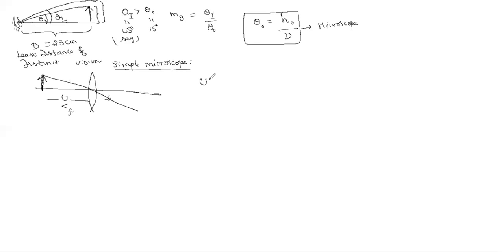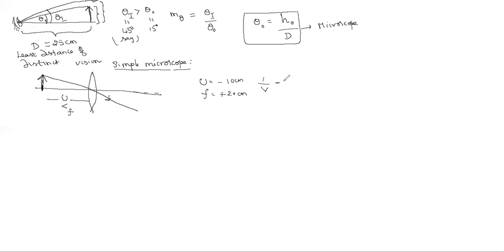You take object distance as some 10 centimeters, left side, minus 10. Focal length, u is less than f, so f I take some 20 centimeters. This is convex, so plus focal length. Use the lens formula.